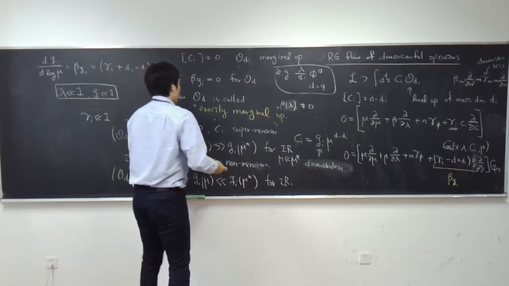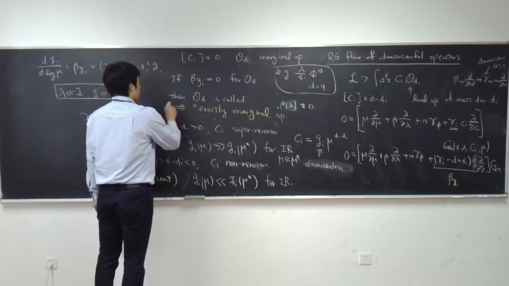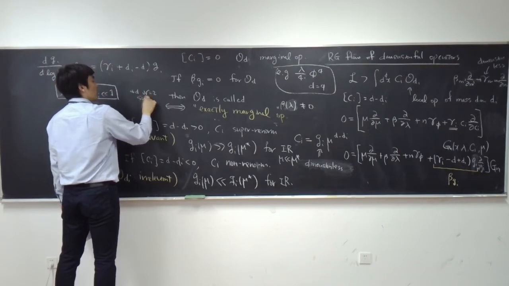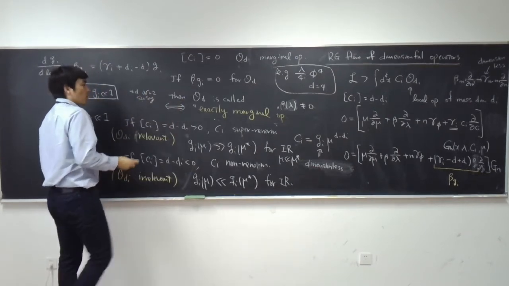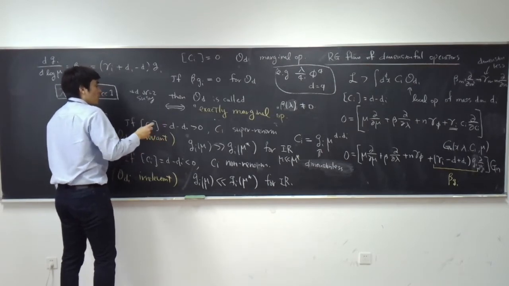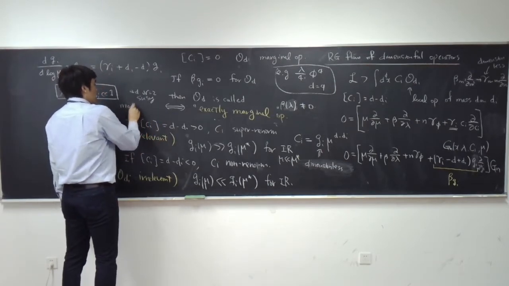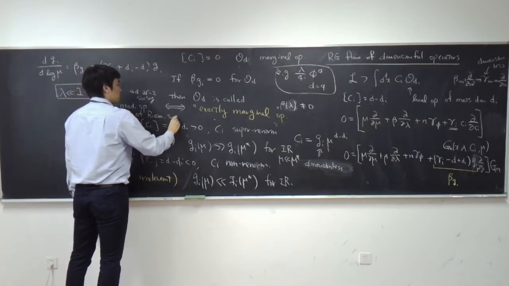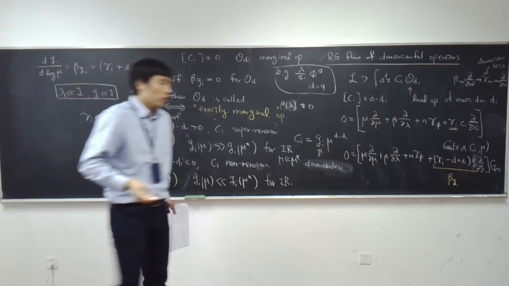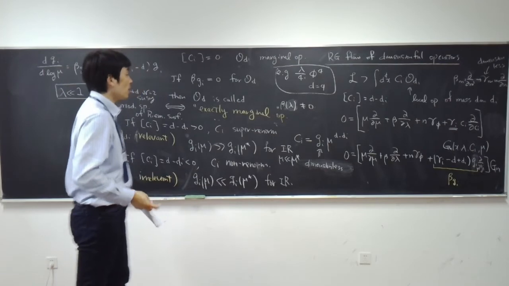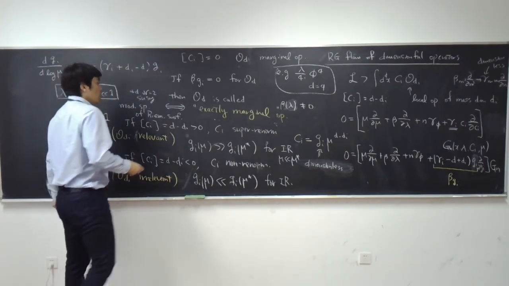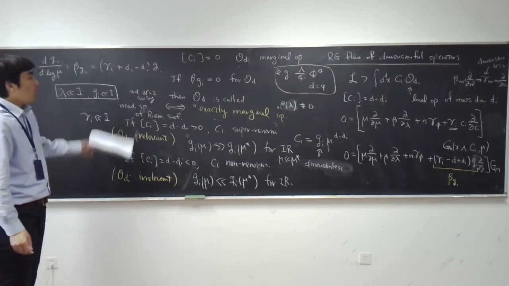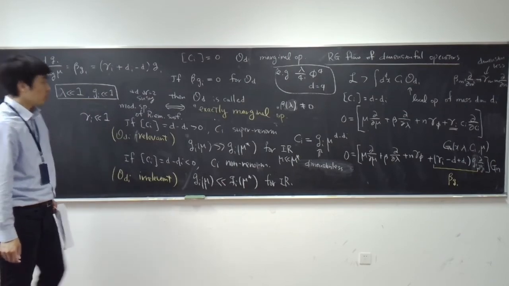It's a bit advanced topic, but for instance, for N equal to 2 supersymmetry, this exactly marginal operator can be identified with the moduli space of Riemann surfaces, and so on. So it's a very rich mathematical structure one can find once you include supersymmetry. But anyway, that's what the operator is called depending on the dimension and the beta function.